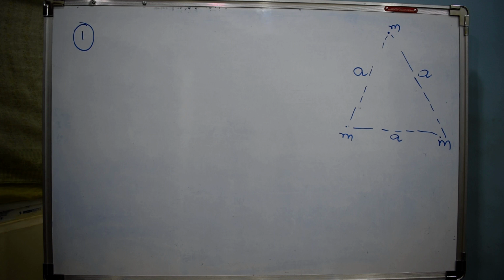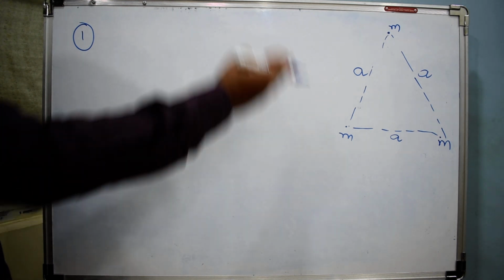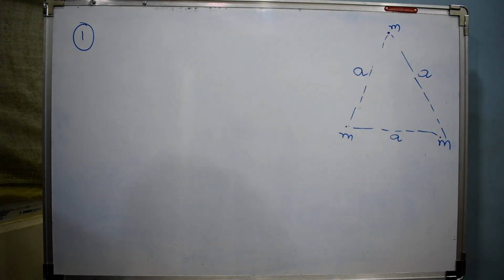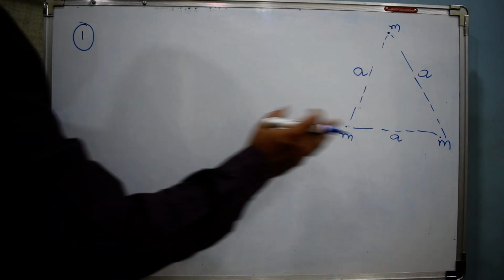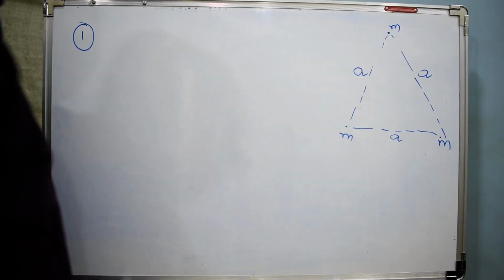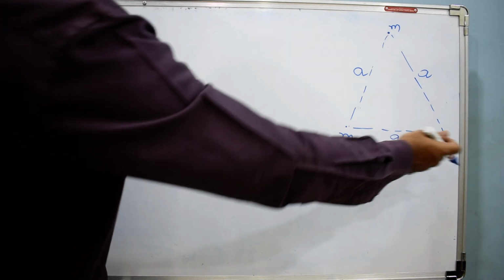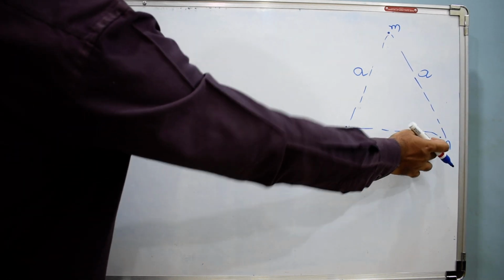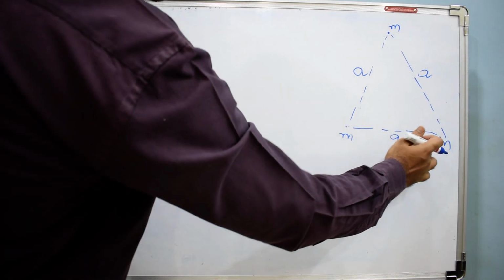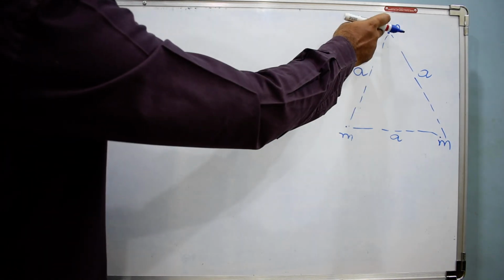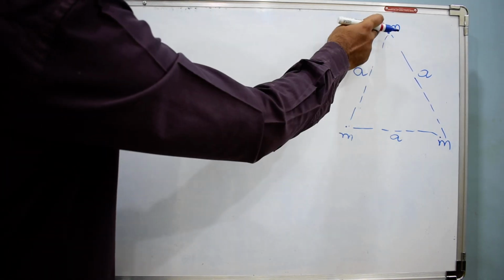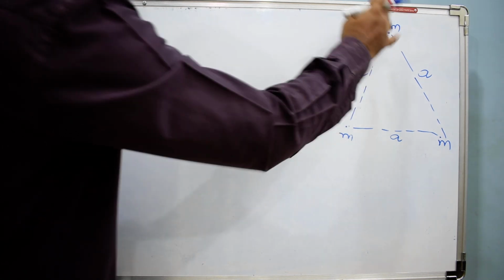Now we need to find in this situation the gravitational force acting on one mass due to the other two masses. So if I take any one of these masses, this mass m will be experiencing a force due to this m present at this corner in this direction, and it will also experience a force due to this mass m in this direction.